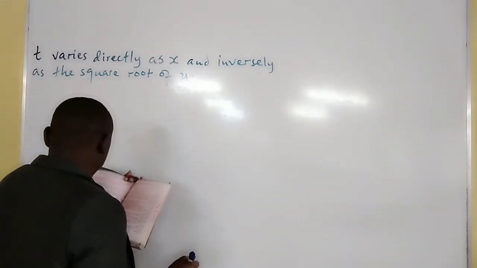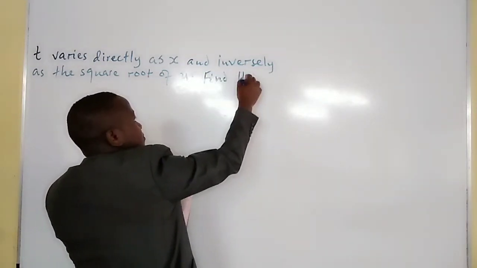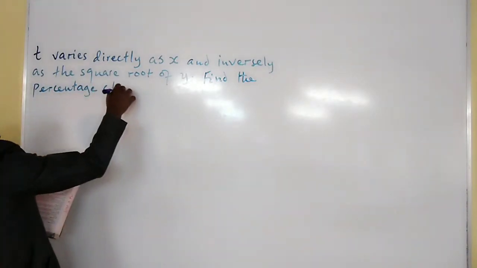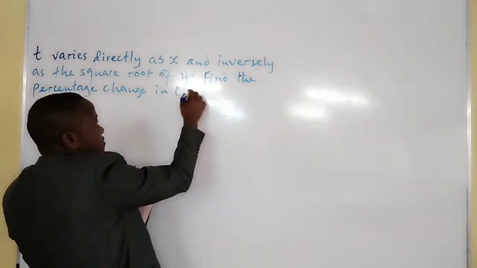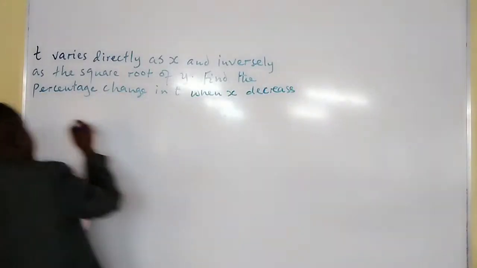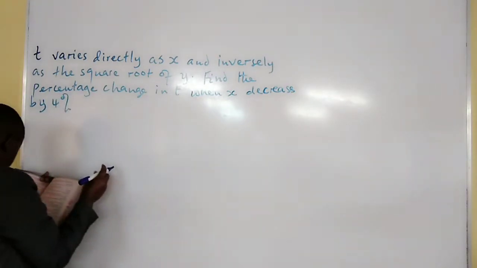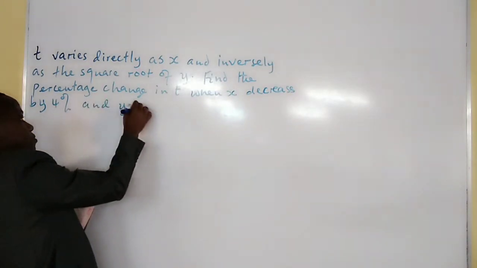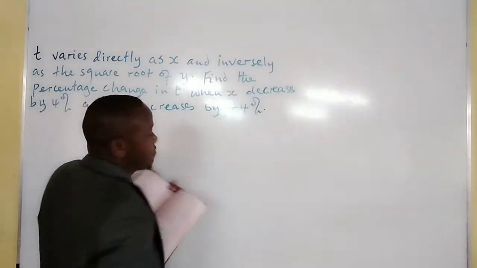Then we are further told to find the percentage change in t when x decreases by 4 percent and y increases by 44 percent.